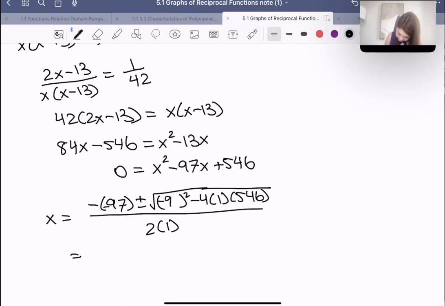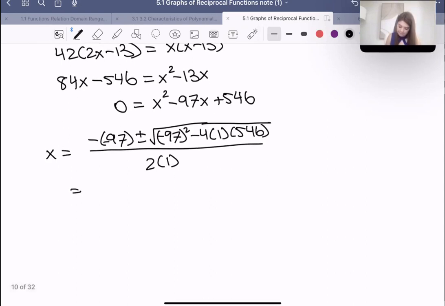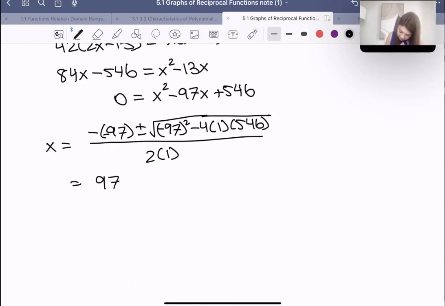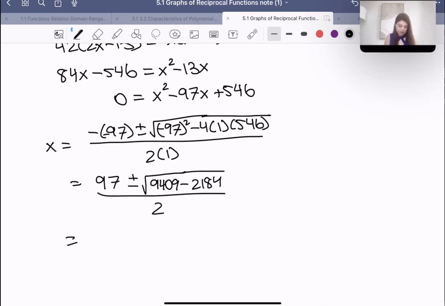Okay. So 97 plus or minus the square root. What would be in our square root? Let's see. It'd be 9409 minus 2184, over 2. 9409 minus 2184 is 7225.